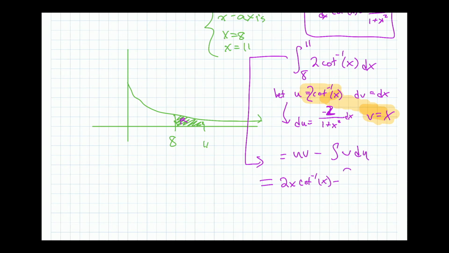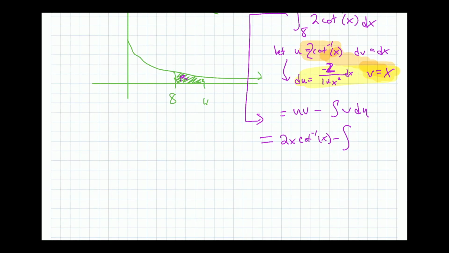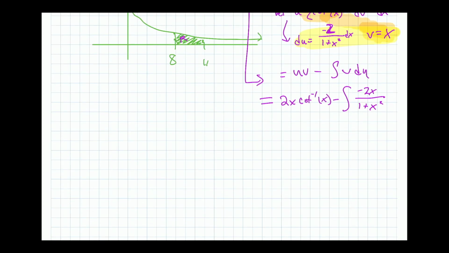And then minus the integral of v du, which are going to be these two. So you multiply those together, you have the integral of negative 2x over 1 plus x squared. Now you can take the negative out, and we can write it as 2x cotangent inverse x plus the integral of 2x over 1 plus x squared.